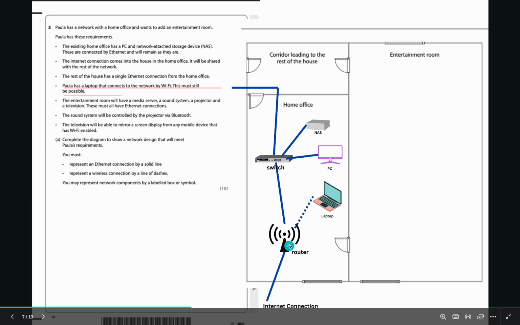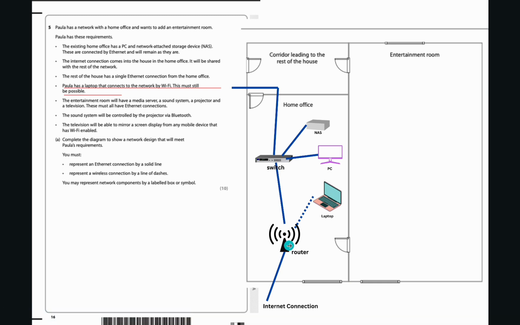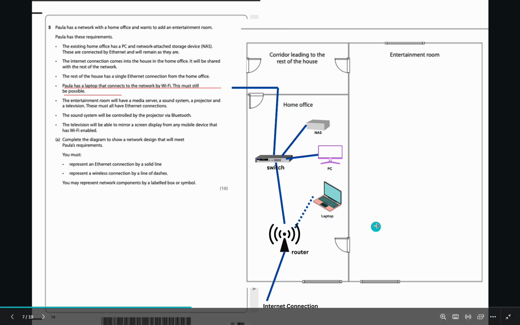And as I already mentioned, the router has a port, so from the port we can connect one device. So on the port of the router, we added the Ethernet cable and connected it with the switch. From the switch we are getting different ports, and we take those ports and connect to all the devices that are able to move. And the laptop can use Wi-Fi, so it's a dotted line, right? They're saying line of dashes, and Ethernet cables are plain, solid lines.